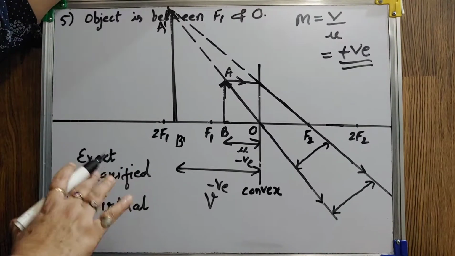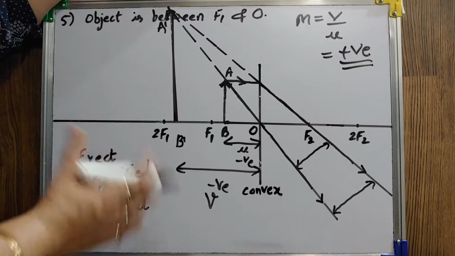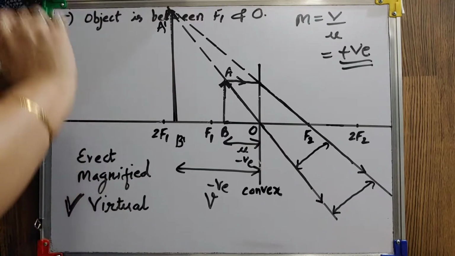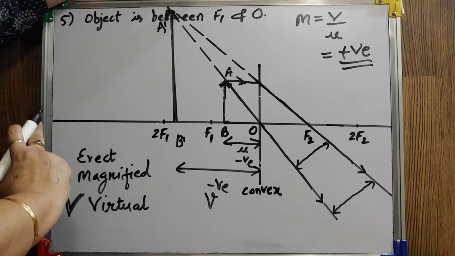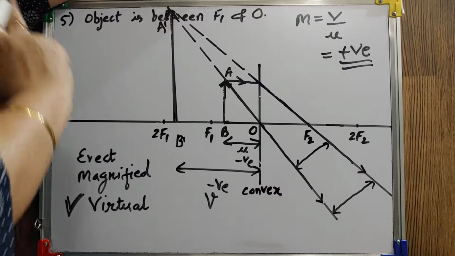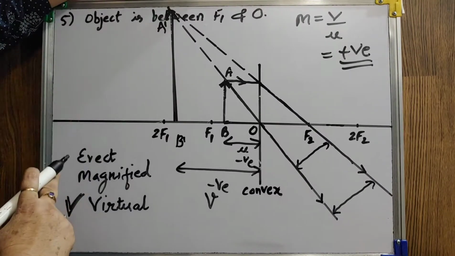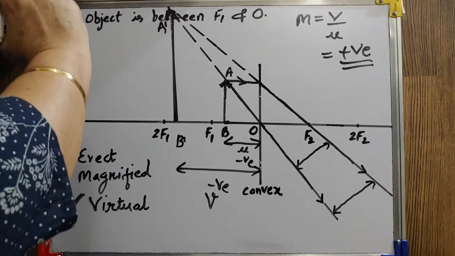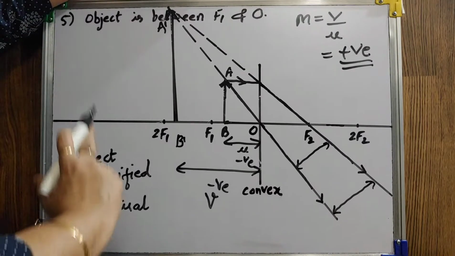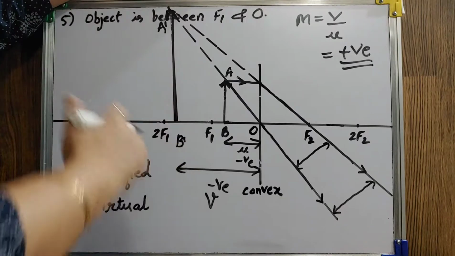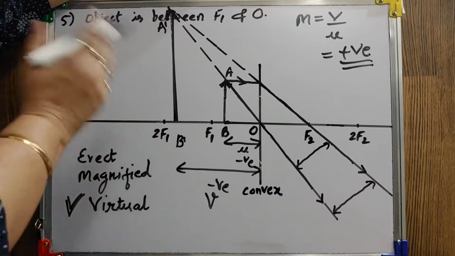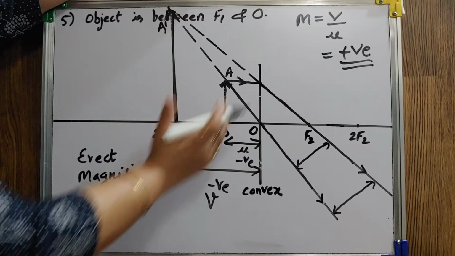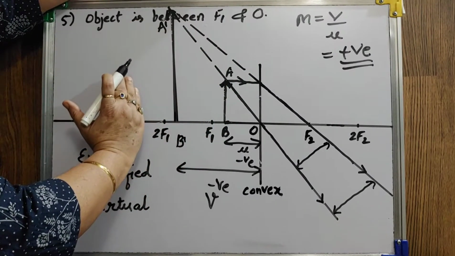So what is the basic difference between a real image and a virtual image? A real image is always formed by actual intersection of the rays after refraction through the lens. They are always inverted, but they can be magnified, highly magnified, diminished, or of the same size. But a virtual image is always formed on the same side as the object.